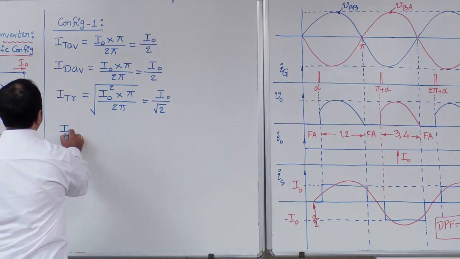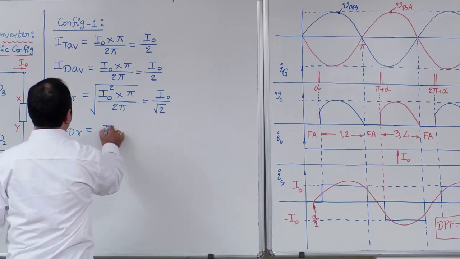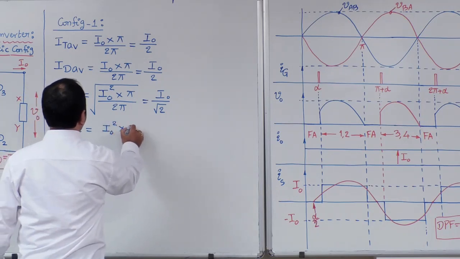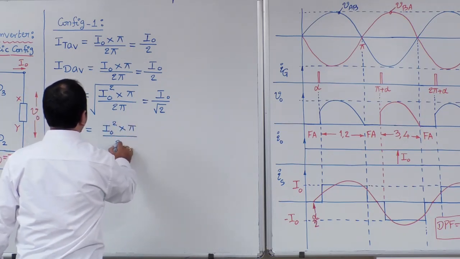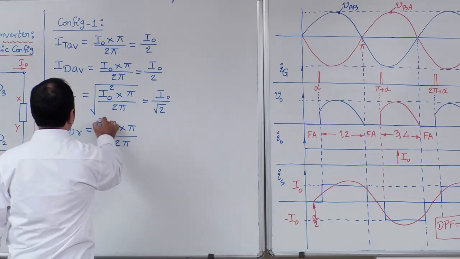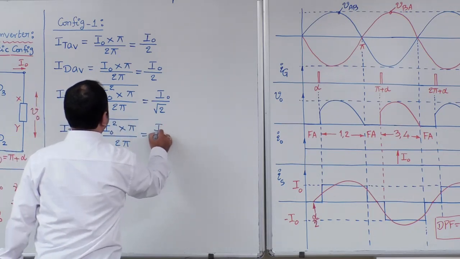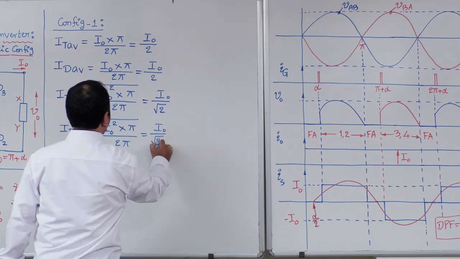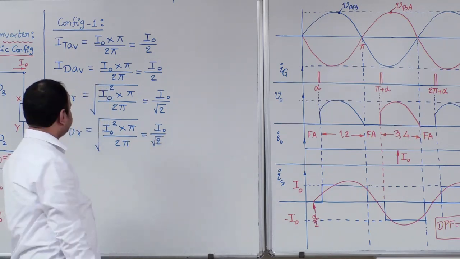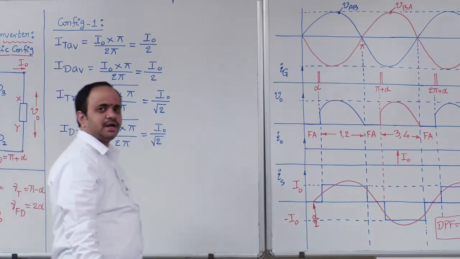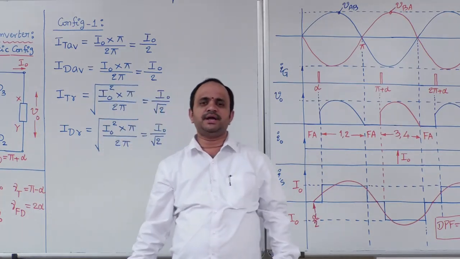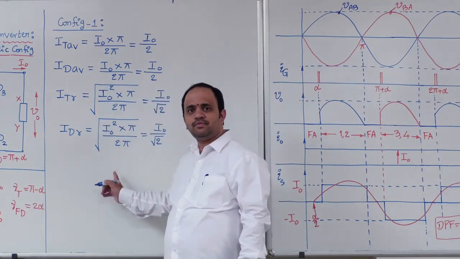Next, RMS value for diode current, magnitude square into pi divided by 2 pi under root. This will give you I0 by root 2. So these are average and RMS values for thyristor current for configuration 1.